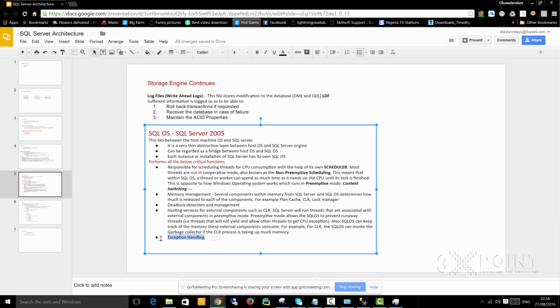So if you have a stored procedure that is configured or written to have error logic within it, that error handling is done by SQL OS as well. So this is pretty much what SQL OS does, but like I said, we will go deeper into this part later on, which is the wait states, the running, runnable, and those other wait states that I mentioned before.